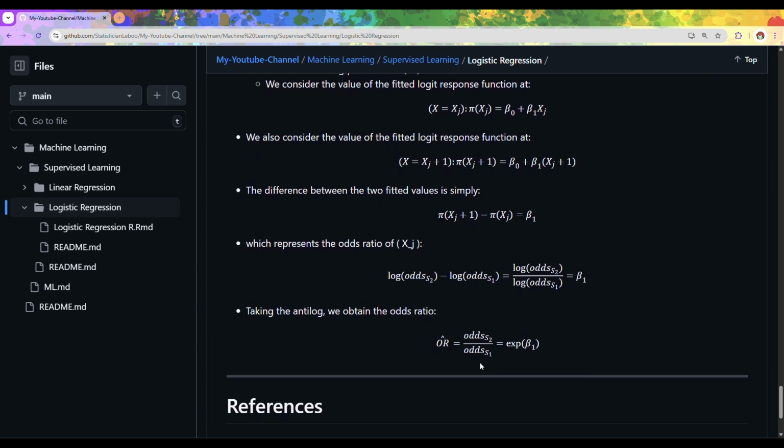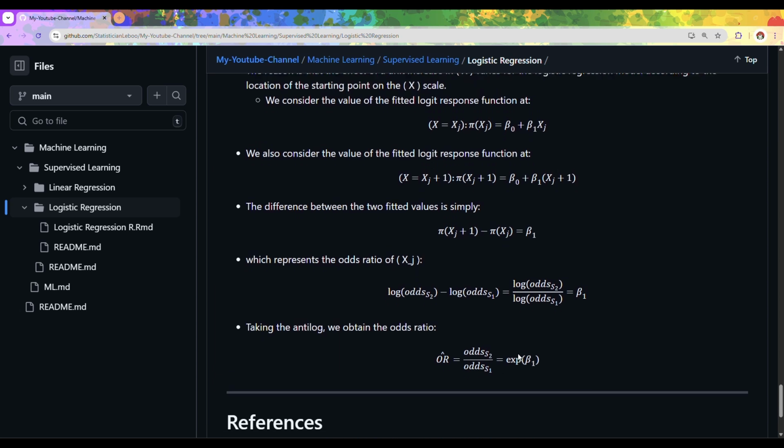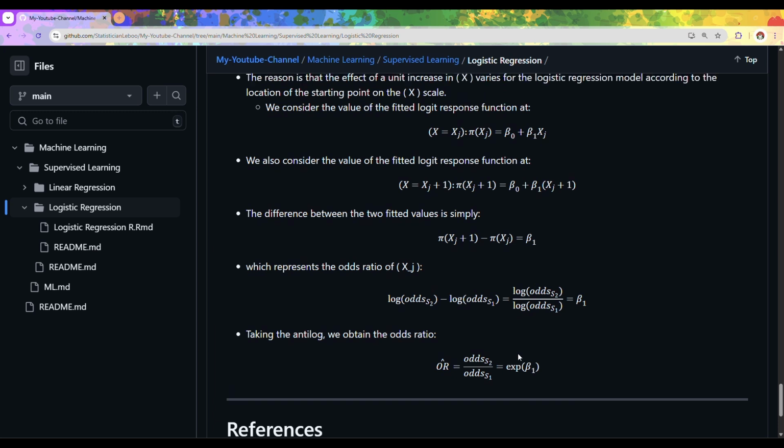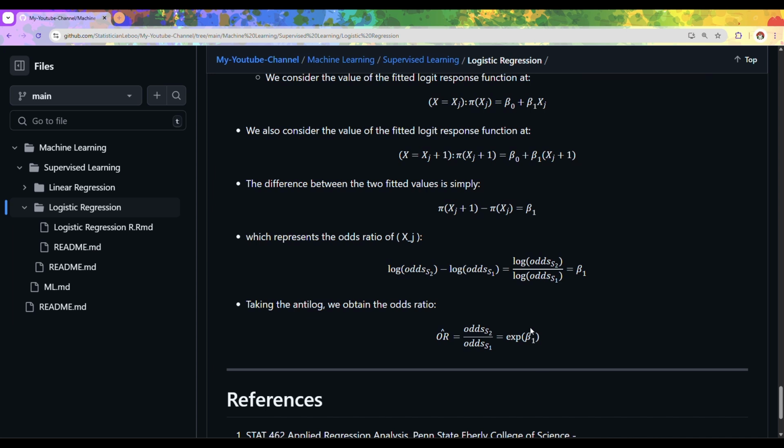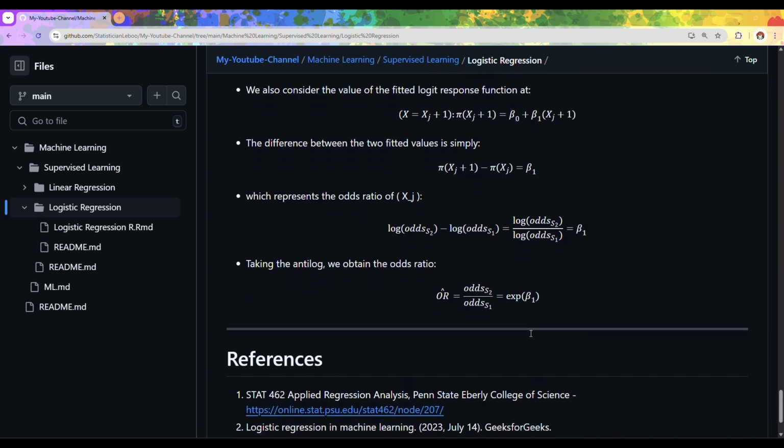That will be odds 2 over odds 1, which is the exponential of the estimated coefficient. So we interpret this as: given a unit increase in, let's say, x1, the odds of an event occurring, maybe the odds of the disease occurring, increase by, let's say, 0.2. So that's what we'll be having, the odds increasing and the odds decreasing.